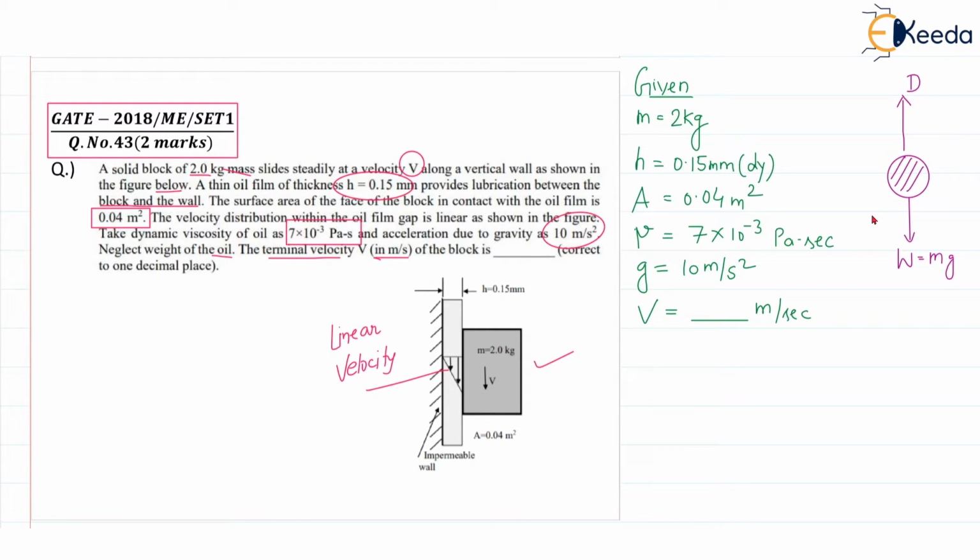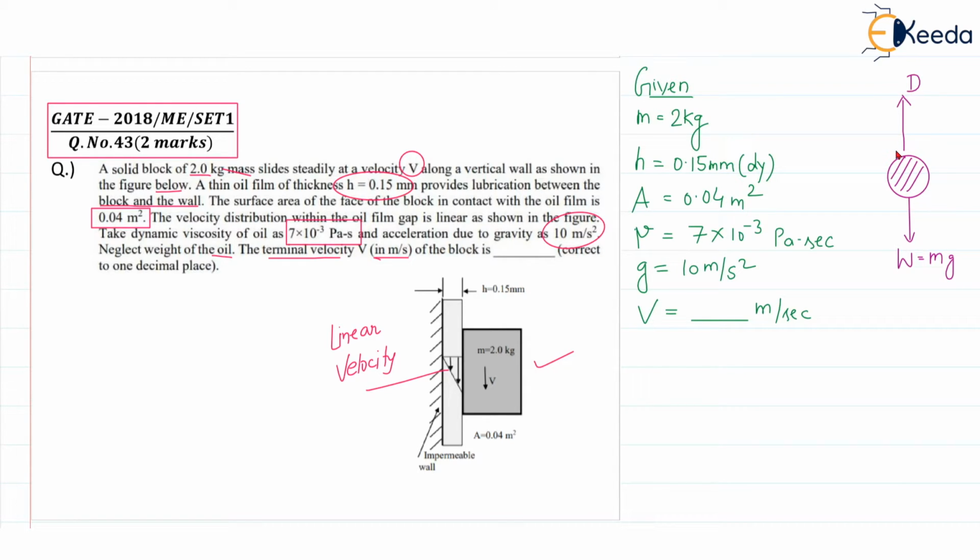Initially, suppose we are dropping a ball from a certain height. The ball's velocity will be very low at first, and because of acceleration due to gravity, the velocity of the ball will keep on increasing. But it will not keep on increasing forever. There will be a certain point where the drag also increases, because when the velocity is increasing, your drag also increases.